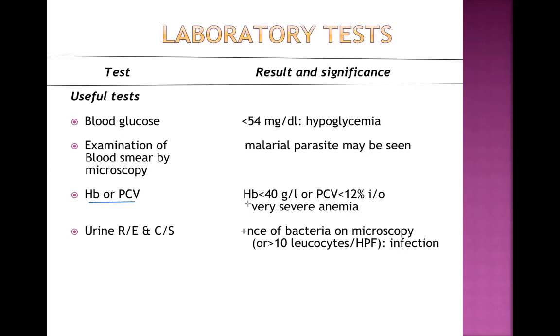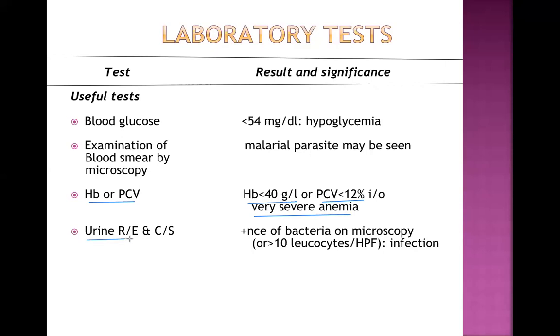So hemoglobin, if it is less than 40 gram per liter or 4 gram per deciliter, or PCV less than 12%, is indicative of very severe anemia. If they ask the definition of very severe anemia in malnutrition, you can answer like this. Less than 4 gram per deciliter hemoglobin is very, very low.